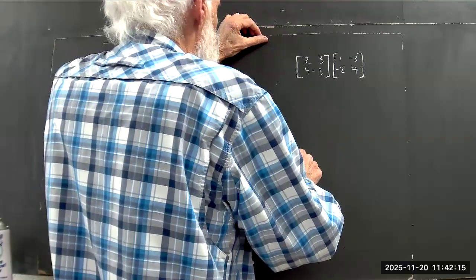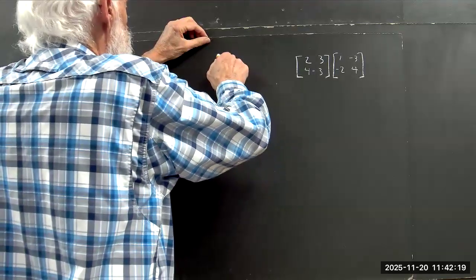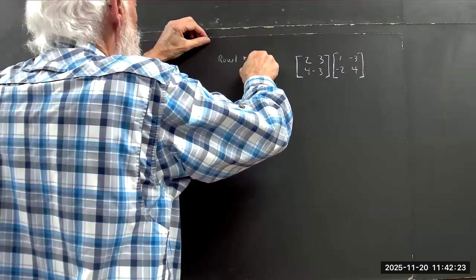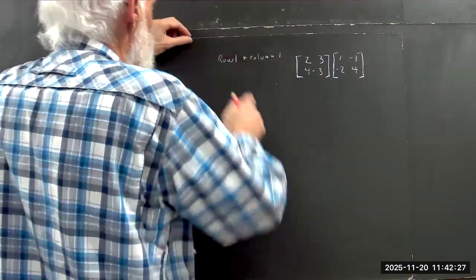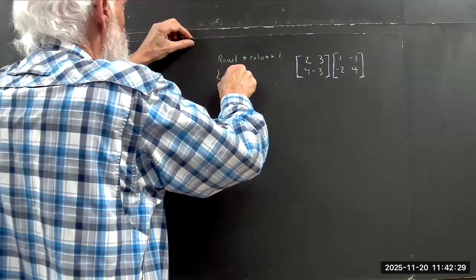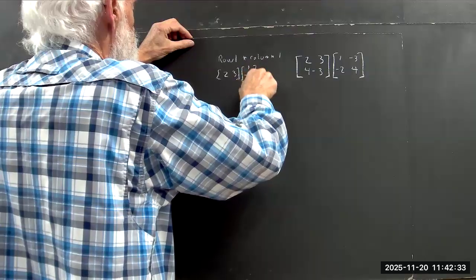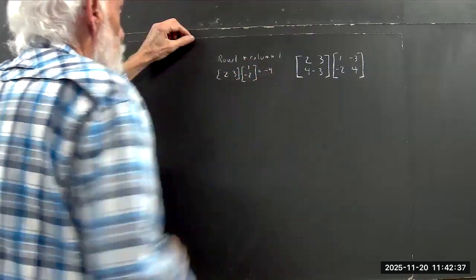Okay, so over here to the side, row 1 times column 1 is 2, 3 times 1, -2. That's 2, that's -6, that's -4.